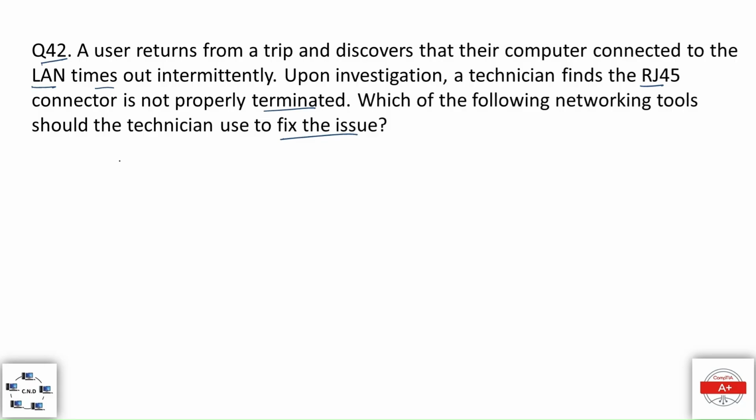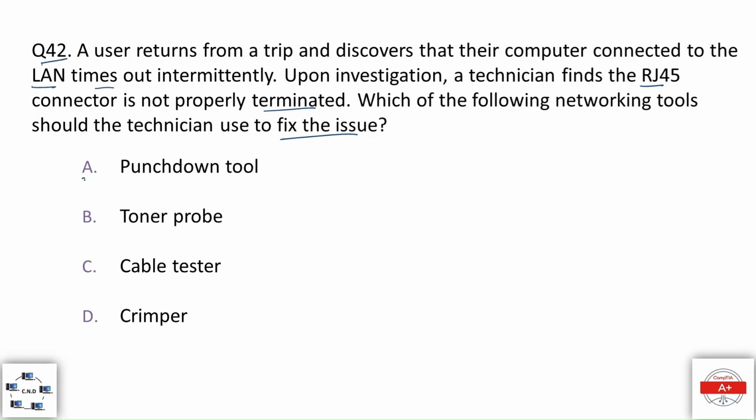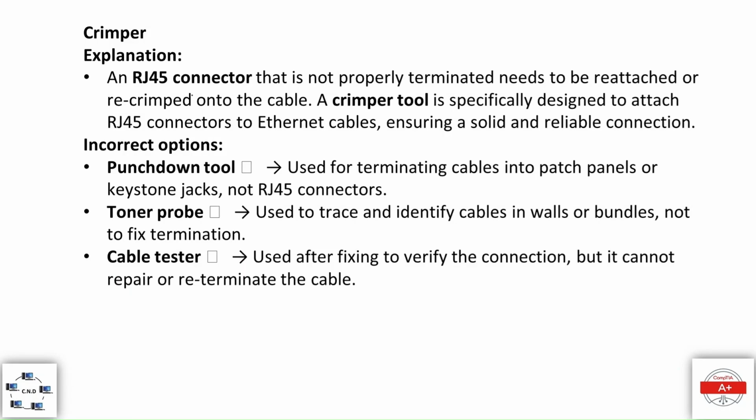The options are: option A, punch down tool; option B, toner probe; option C, cable tester; and option D, crimper. And the correct option is option D, crimper.